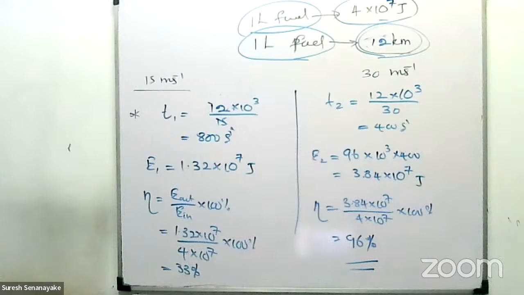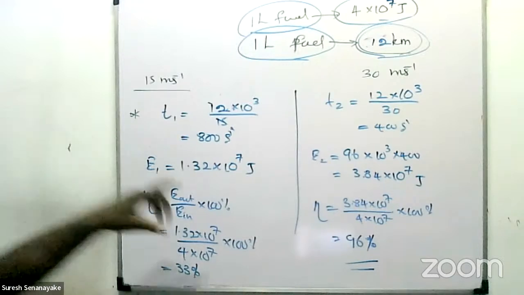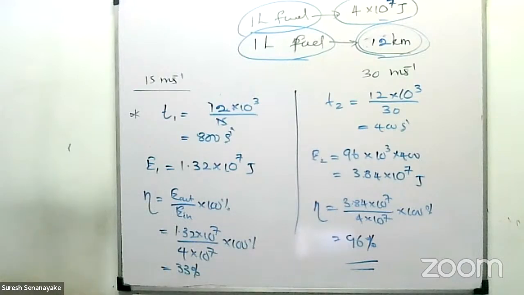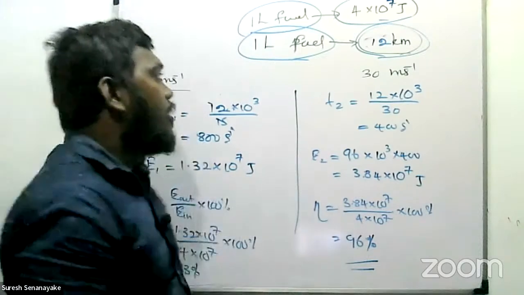Actually this is not practical, because the efficiency of the engine is this much, but I'm considering here that in total 12 kilometers, 1 liter of fuel is consumed. Here also I'm considering the total 12 kilometers when it's moving at 30, but the actual case is not like that, because in this case they need more energy. It's not moving like that. So when you want to calculate the efficiency, that's the way you need to do it, because the consumption rate will be different.